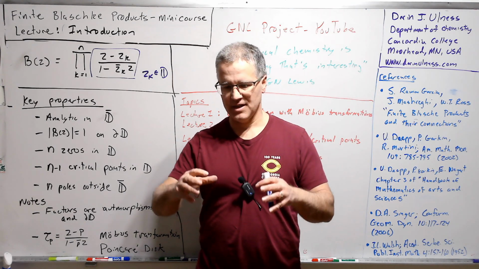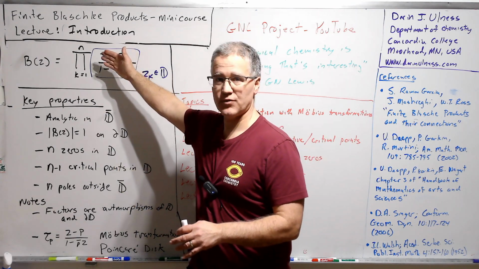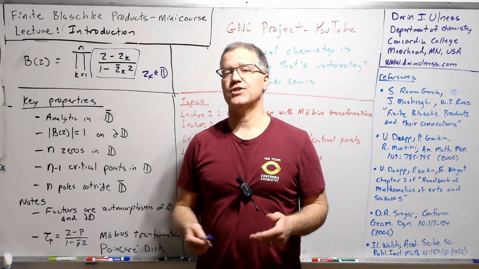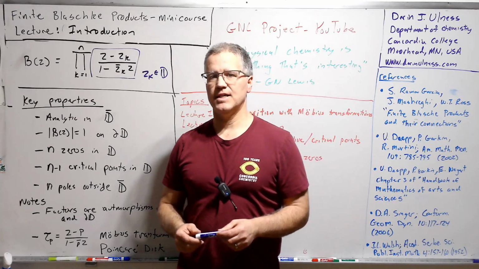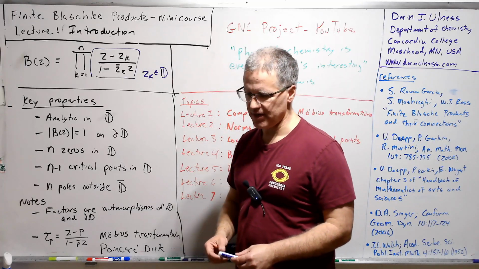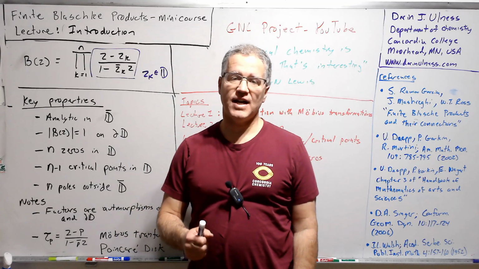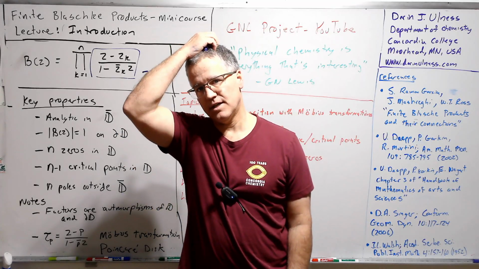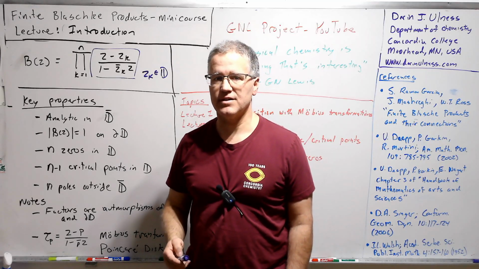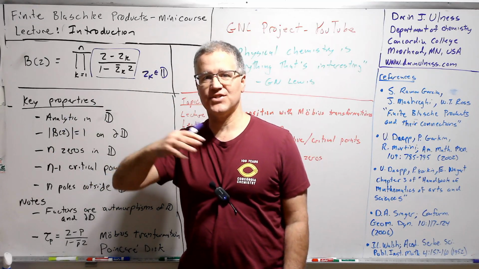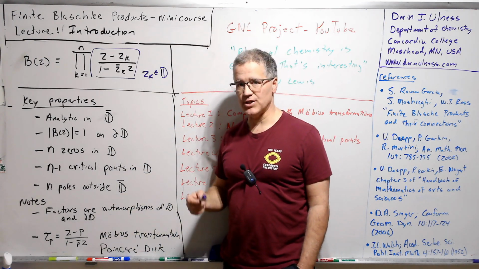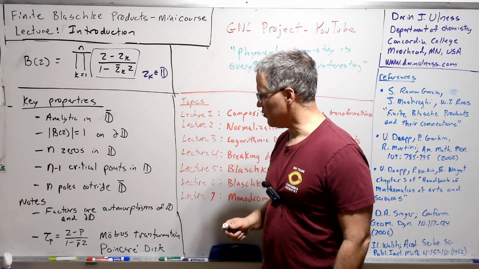So if you're an nth degree Blaschke product, then you're going to have n-1 critical points, and the critical points are where the derivative is equal to 0. And so those are important points in this Blaschke function. And in fact, they serve as branch points if you look at the inverse image of this, which is going to be cast on several Riemann sheets, and so you'll have some necessary branch points and branch cuts, and those come from the critical points.